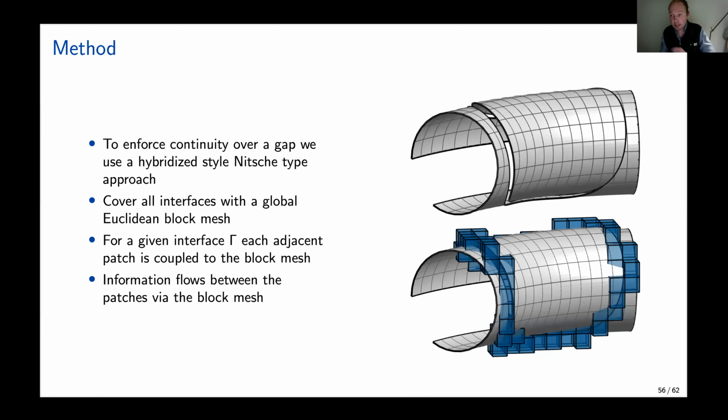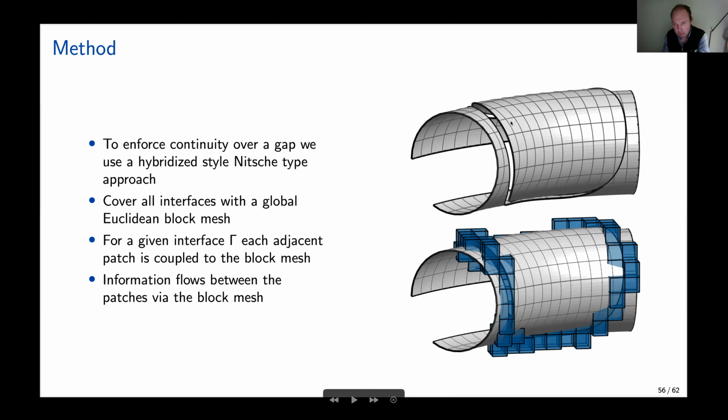So the idea we have now is to use hybridization. If we look at a typical situation, you have a torus-like part here, and you have two different patches with a gap. So the idea is to actually use a hybrid variable, but we want to have this hybrid variable on a three-dimensional mesh which covers this gap.